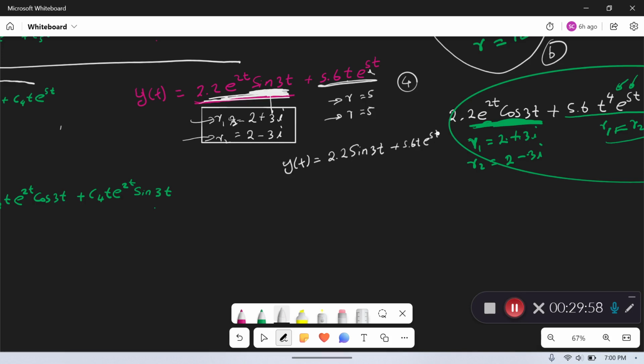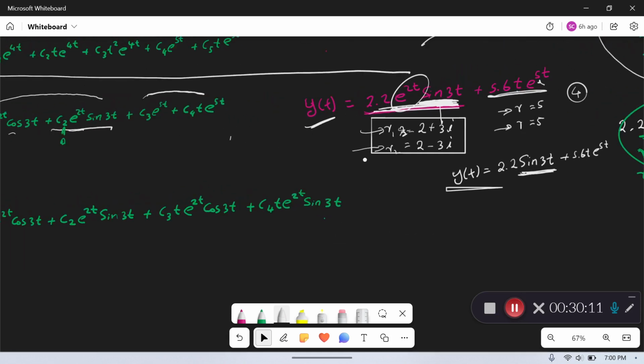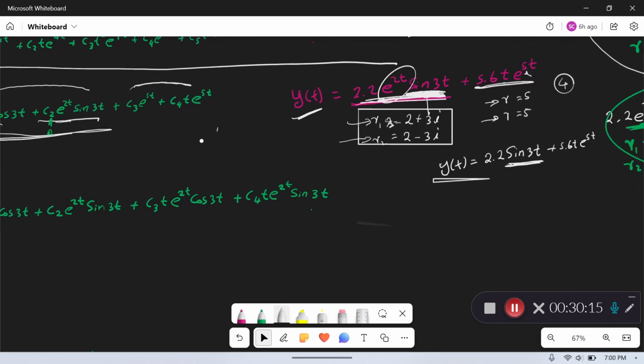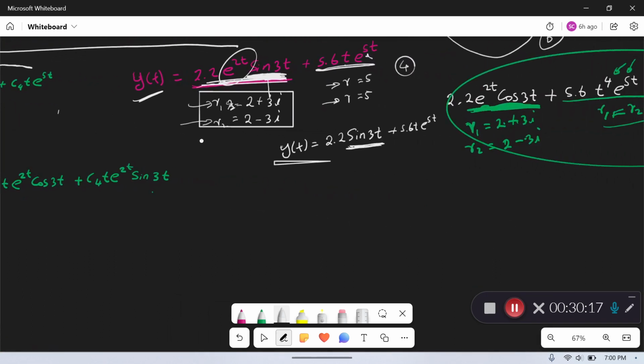The only difference between this one and the previous one is you don't have this e^t term. What has happened there? Still, just by looking at the sine term, you can say that it corresponds to a sine and cosine term, which means that you have a complex root.